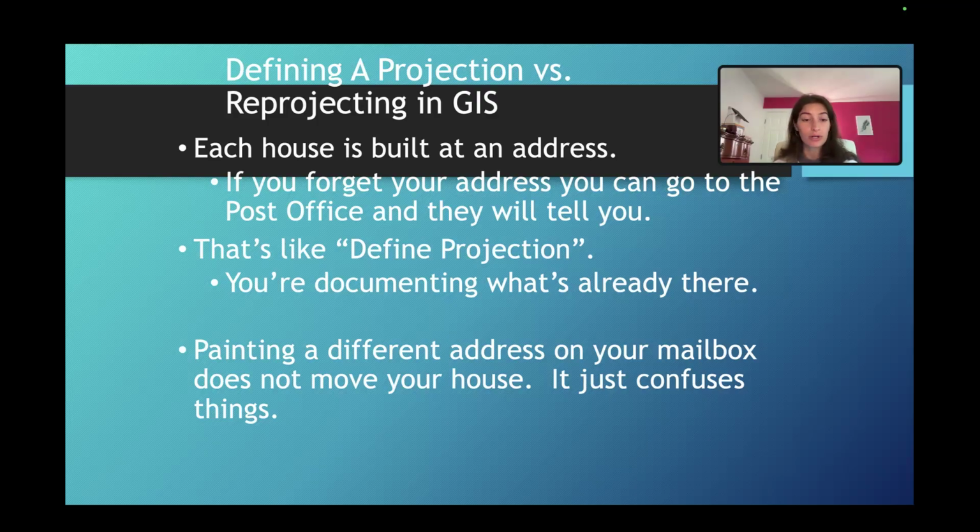That might not have been enough numbers there. But nonetheless, if you choose to paint over your home address and put down a new set of numbers, you have now reprojected. You've said it was originally projection A, 1, 2, 3, 4, and now it's going to be projection B, 5, 4, 3, 2.